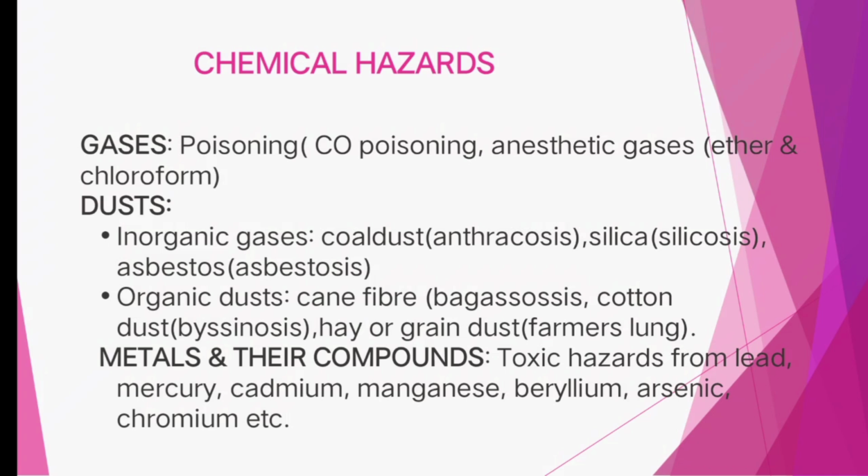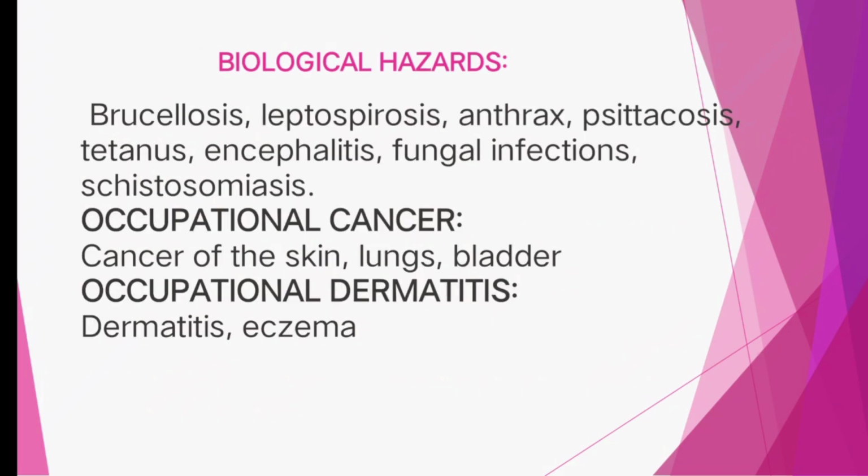Metals and their compounds can also cause toxicity, that is toxic hazards from lead, mercury, cadmium, manganese, beryllium, arsenic, chromium and so on. So these all are the chemical hazards.